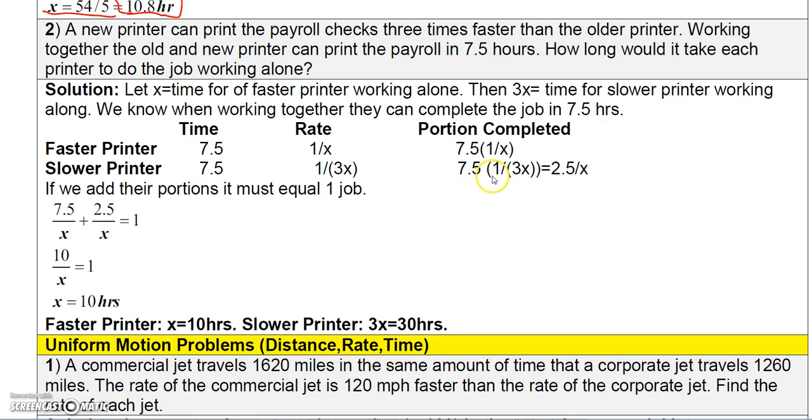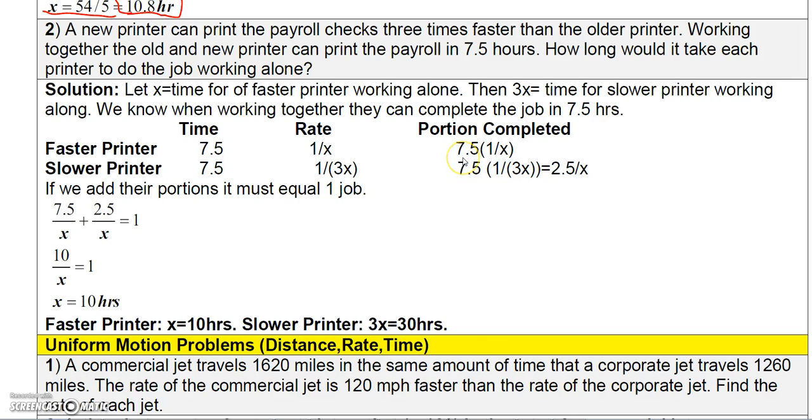If we take 7.5 and multiply it by 1 over 3x, 3 goes into 7.5 2.5 times, so that would be the same as 2.5 over x.